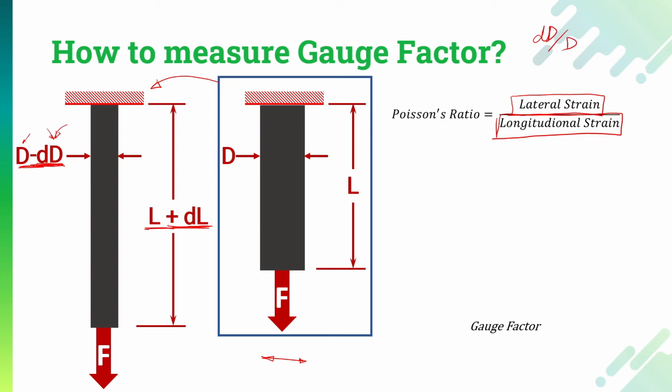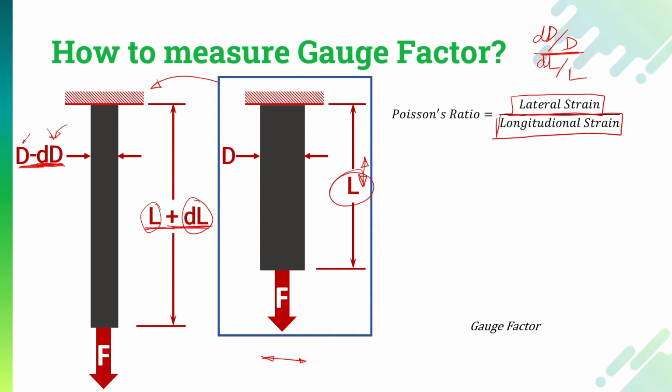So this is the lateral strain divided by the longitudinal strain, which is along the length. The change in the dimension along the length is dL, divided by the actual length. The actual length was L.